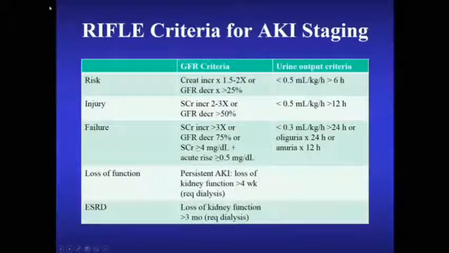But both of these criteria, one criterion is GFR, and so you can see as you go from risk to injury to failure to loss of function to ESRD that the decline in GFR becomes more severe. And then there's a urine output criterion as well, and it also is more sustained and more severe with the progressive stages. And that's sort of similar.